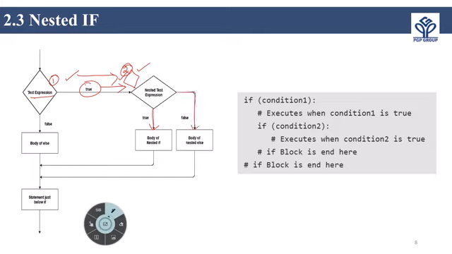If this nested test expression is true, the body of the nested if is printed. Suppose false, the body of the nested else is printed. Clear? This is the first case.